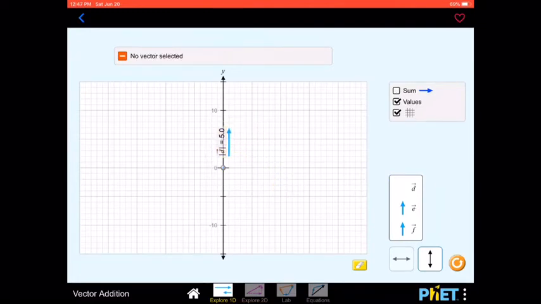So let's say this is one value, and to that we add another vector, going in that direction, and I want to know what is the sum.